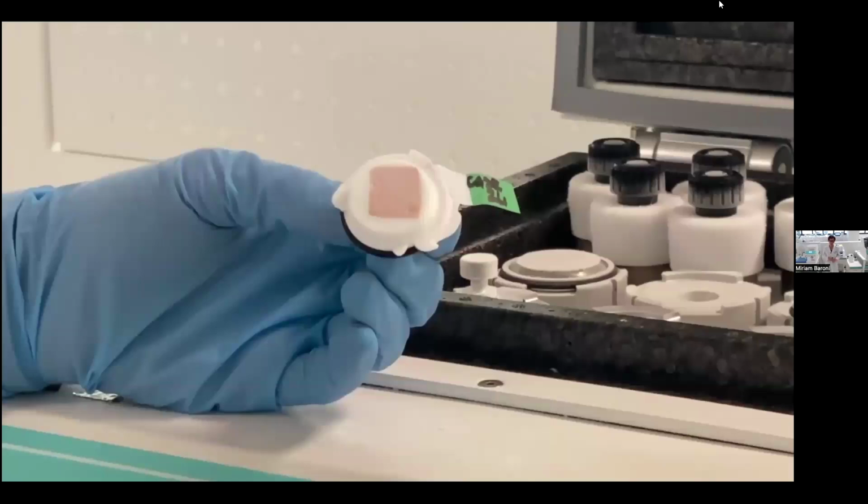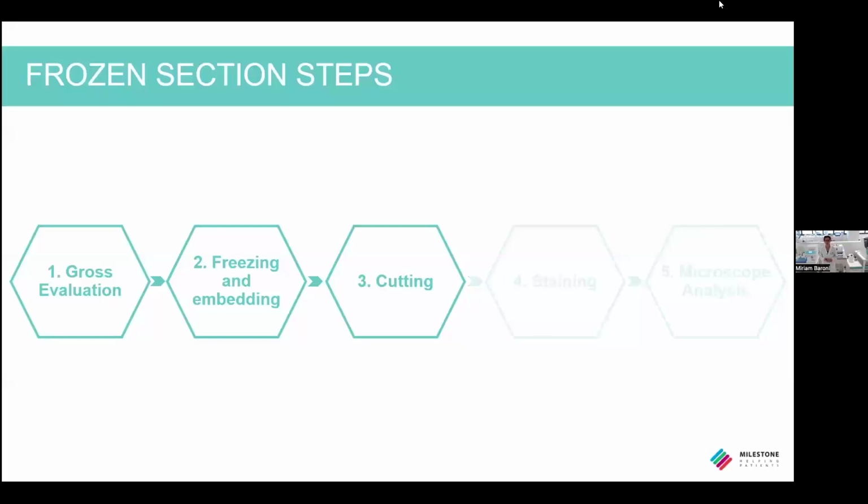Thanks to the phase down technique, the result will be of very high quality with a preserved morphology without ice crystals. So now I can come back to the presentation for the next step, which is the cutting.